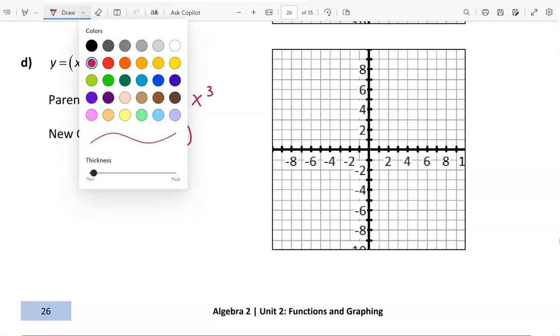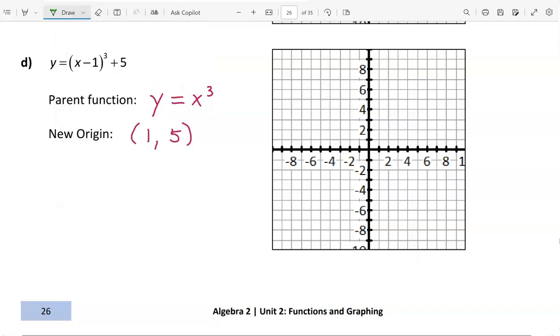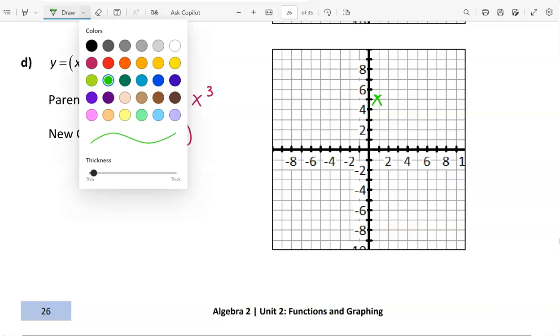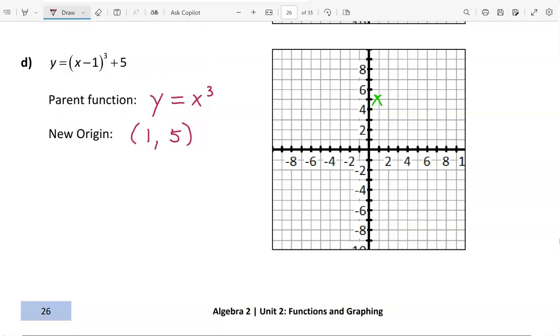So I'll mark off our new origin, which is the point (1, 5). And from that new origin, if we go right 2, we're going to go up 8. That point's not going to quite fit on the graph. If we go right 1 from the new origin, we'll go up 1. If we go 0 right of the new origin, we go up 0.